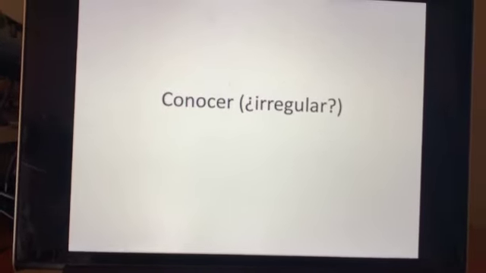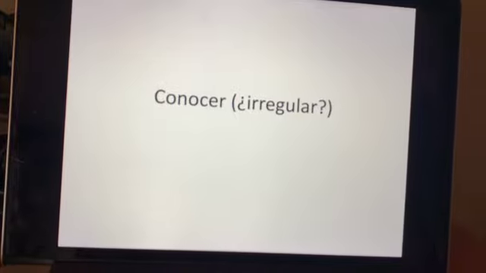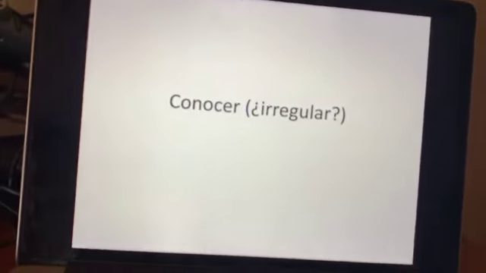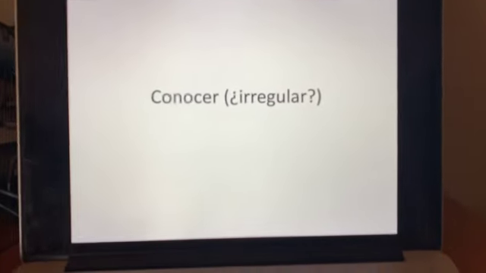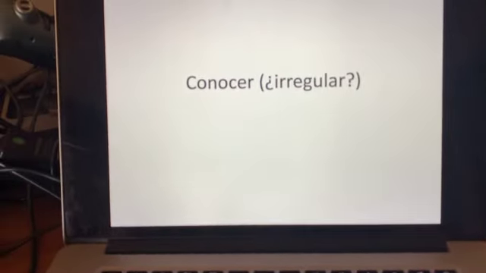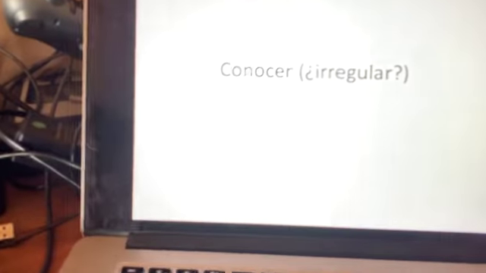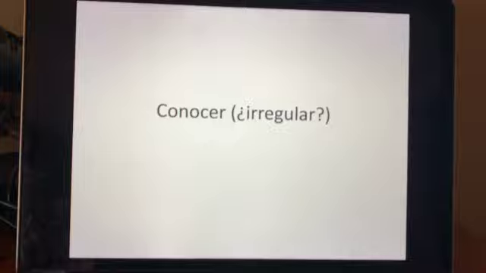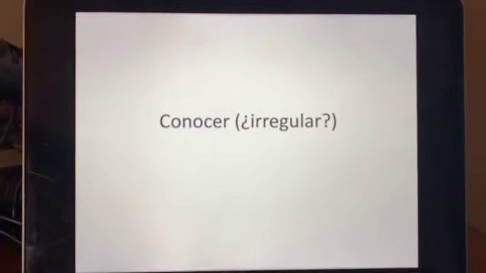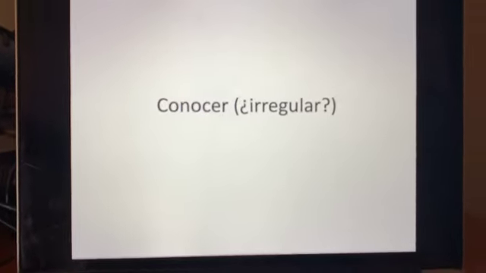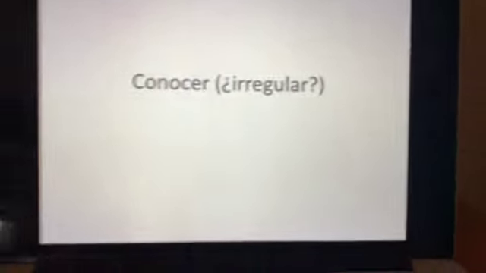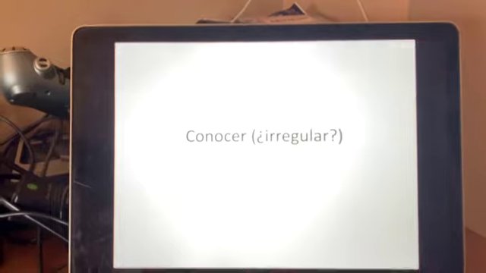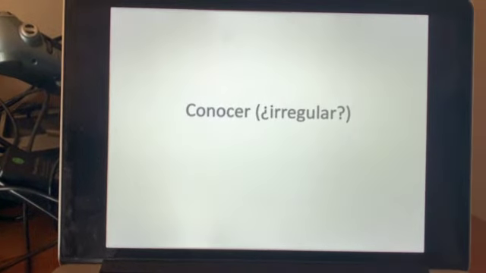Remember that saber is generally more for information, facts that I know. While conocer is more for people. It implies personal experience of some degree. If I'm talking about a person, I know them personally, I have met them. If I'm talking about a place, again, personal experience: it's not that I know where it is on a map, but I have been there.